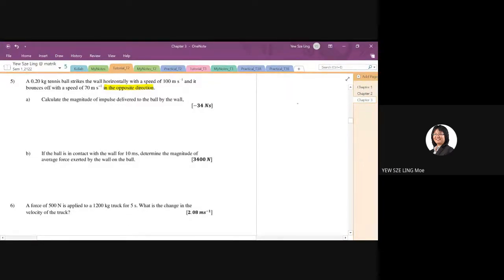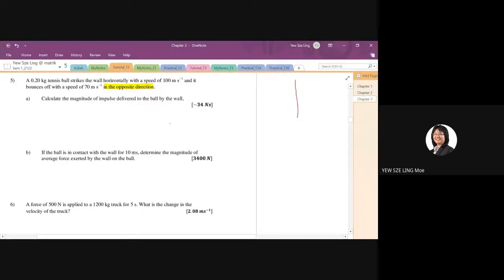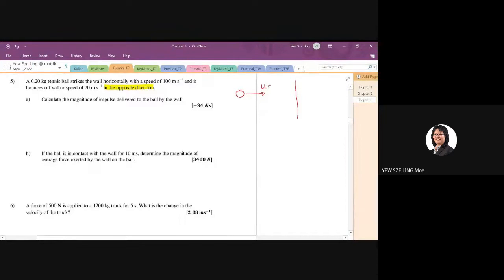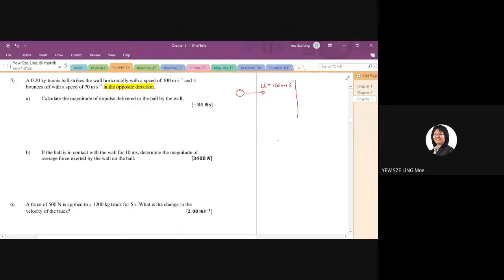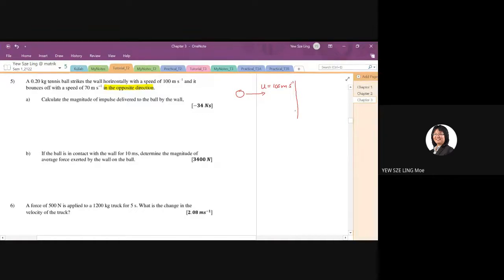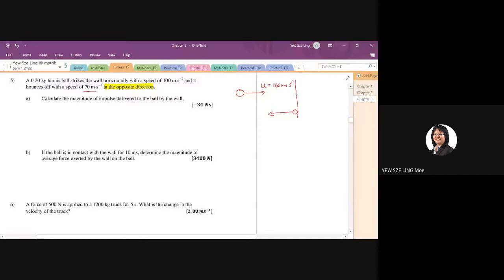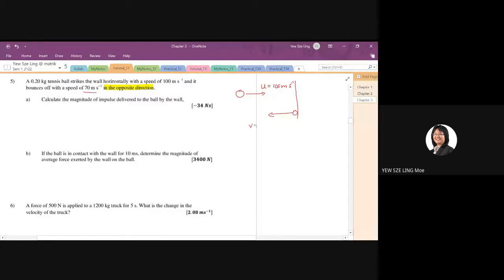So let's say this is a wall. My object, which is a tennis ball, is initially moving, and let's assume the initial direction is the positive direction. So it's moving with an initial velocity u equal to 100 meters per second. It then bounces off with a velocity, which is your v, your final velocity.